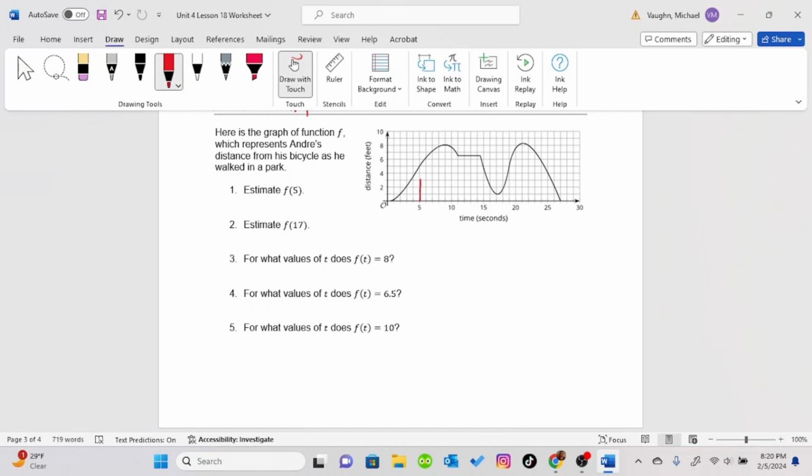We go up until we hit the line, and then we look left for the value of y, and it appears that f of 5 equals 5 because that's the y value when we get to that point on the graph.